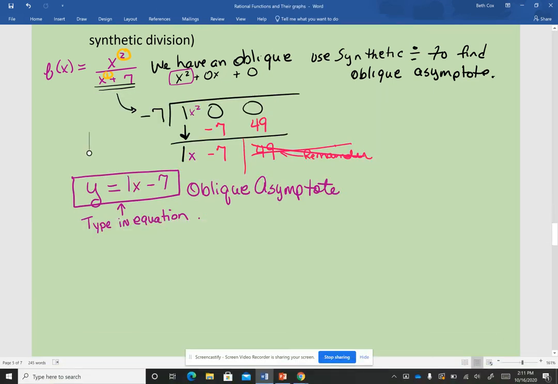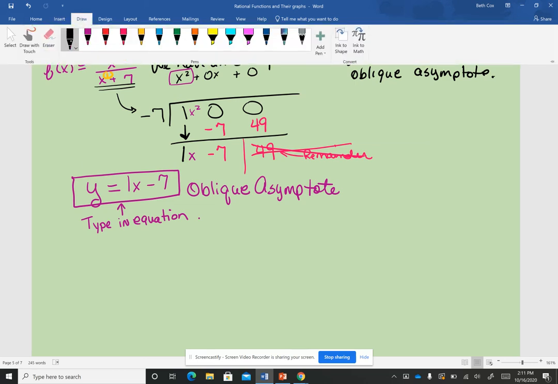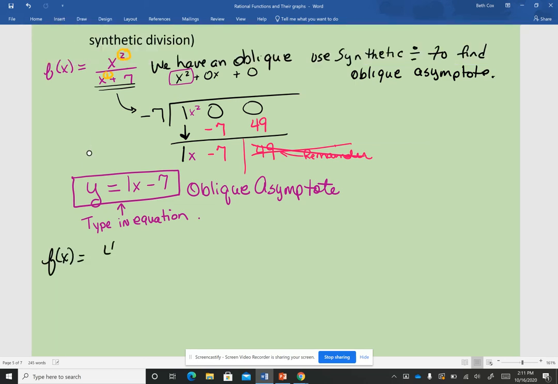Okay, so this one says f of x equals 4x squared minus x over x minus 2. Okay, all right, so now we see very clearly that we do have an oblique.